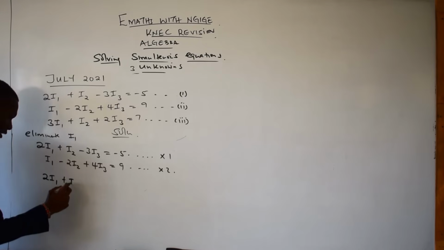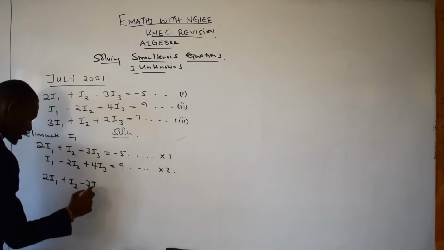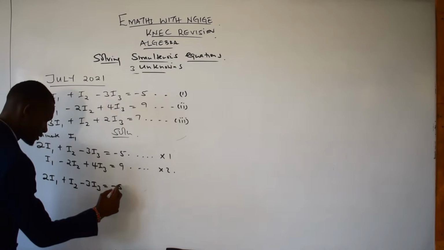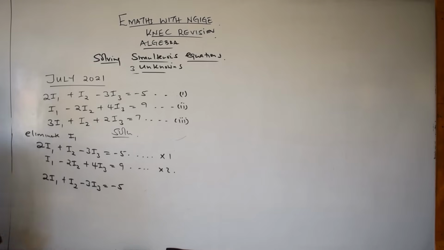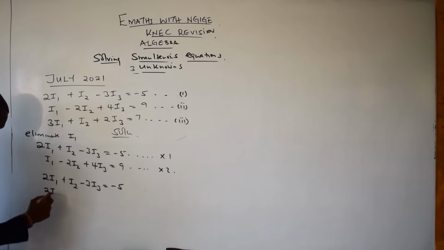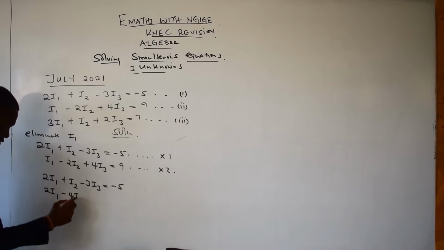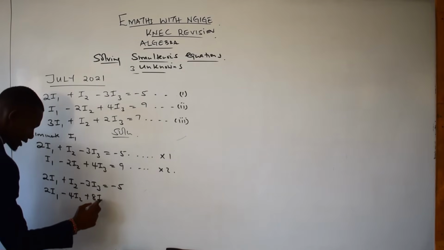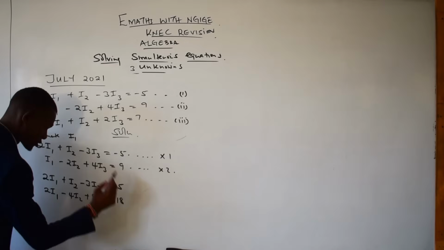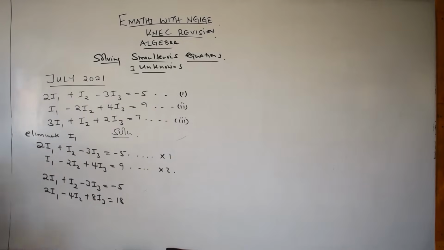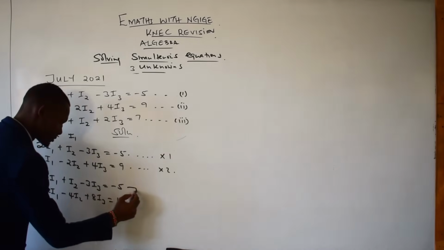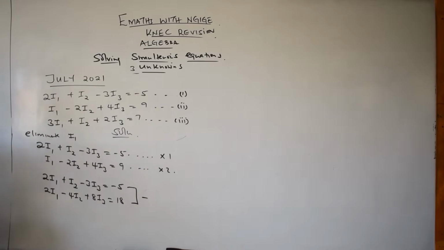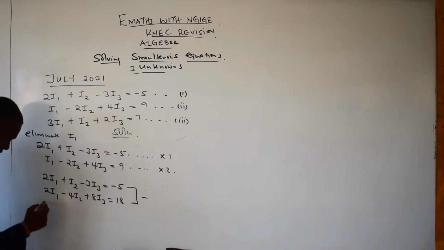So therefore our new equations will be 2I1 plus I2 minus 3I3 equals negative of 5. Then this equation we multiply by 2. So 2I1 minus 4I2 plus 8I3 equals what? Equals 18. Now eliminating I1, we subtract the two equations.